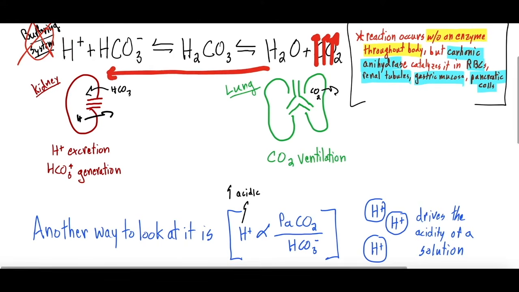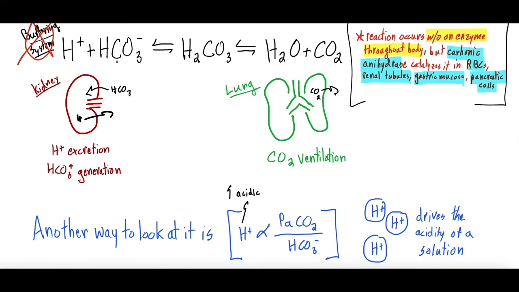Whereas if you take this solution and increase the amount of bicarbonate, it's going to combine with hydrogen, go this way, and there's going to be less hydrogen ions, so it's going to be less acidic. So this proportionality equation is just another way to think about the buffering system equation up here that's going on in the body at all times.